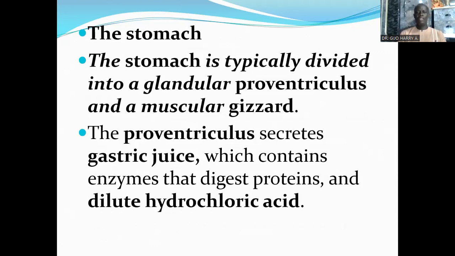The proventriculus of birds secretes gastric juice, and the gastric juice contains enzymes that digest proteins and dilute hydrochloric acid. And the proventriculus also secretes dilute hydrochloric acid.